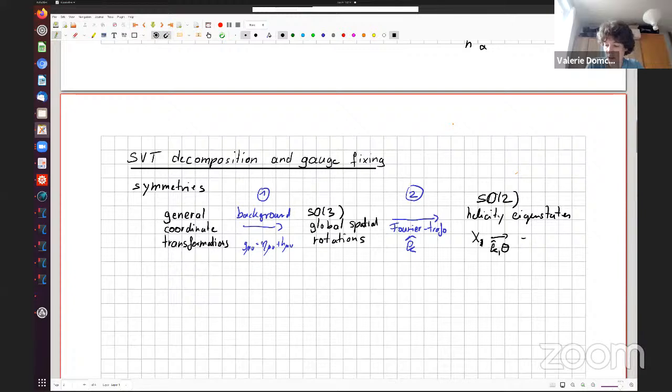And this object here will pick up a phase, e to the i m theta X. And now depending on what this m is, this essentially classifies these objects X. So if m equals 0, so essentially if you do this rotation and the thing does not rotate, then the thing that you were looking at is a scalar. If m equals plus or minus 1, it is a vector. And if m equals plus or minus 2, it is a tensor.